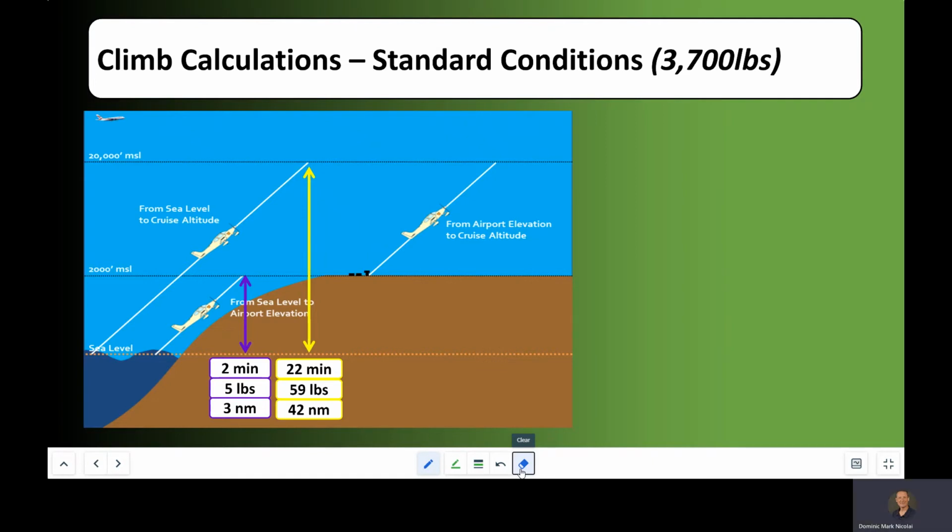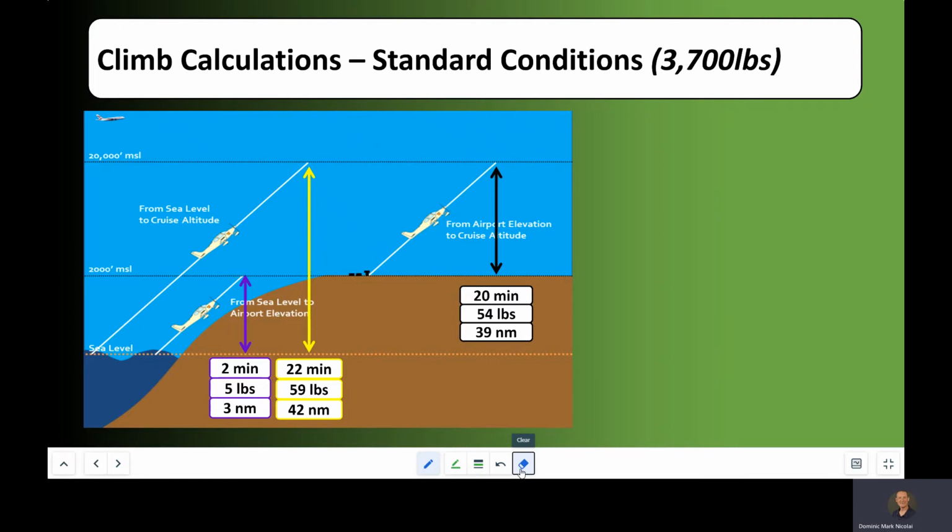So now we just do some simple subtraction, and we can find the time is 20 minutes, 54 pounds of fuel, and 39 nautical miles. However, that's not going to be your final answer yet. Modifications may be required.